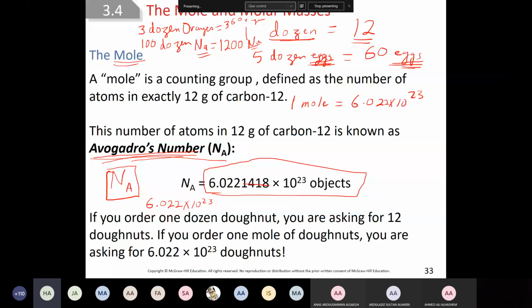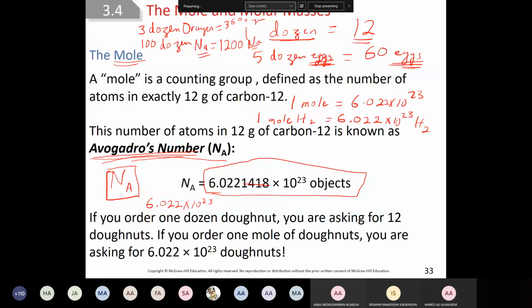If I say 1 mole H2, then what is this equal to? 6.022 times 10 to the power 23, and then I should say what? H2, not O. H2 only.